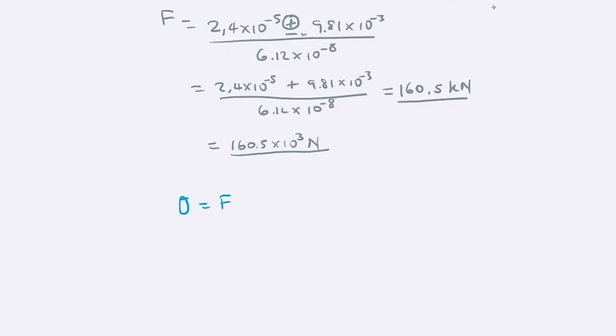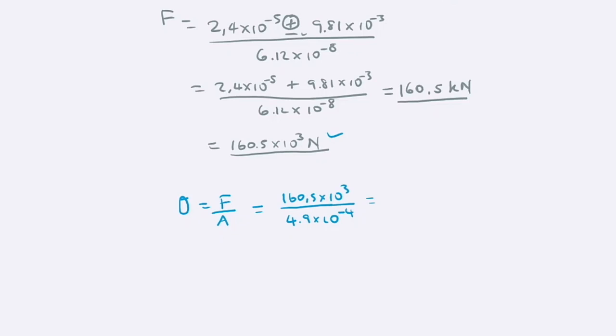The stress formula is equal to force divided by area. The force is 160.5 times 10 to the exponent 3, and the area that we've got is 4.9 times 10 to the exponent negative 4.